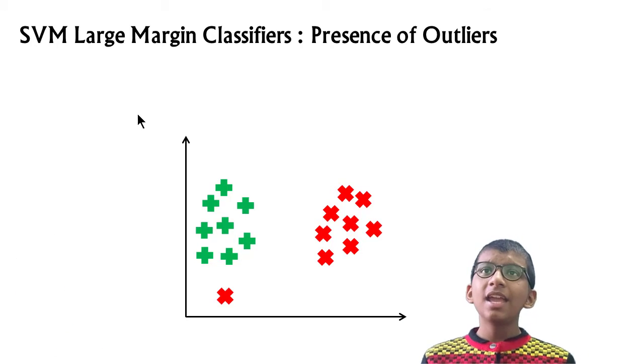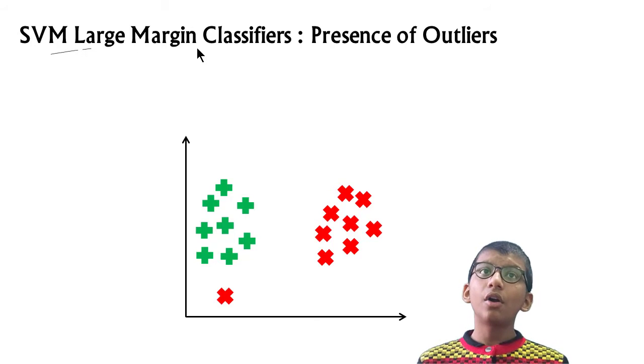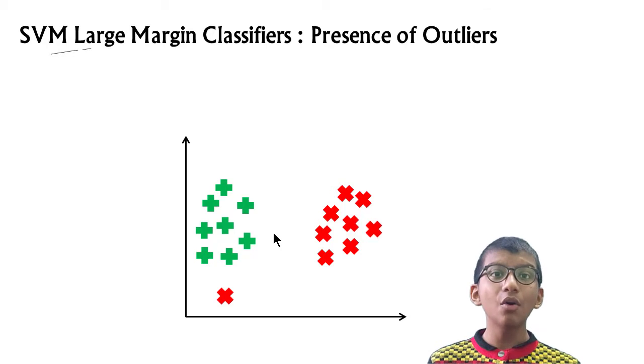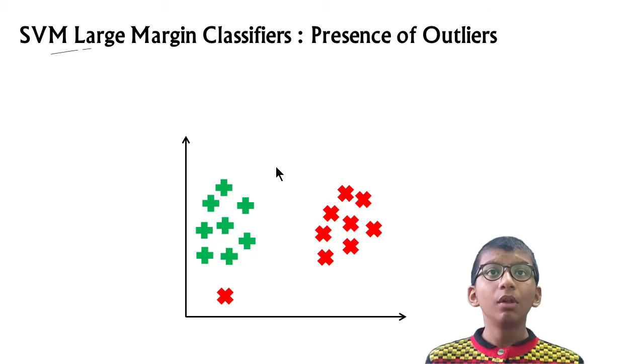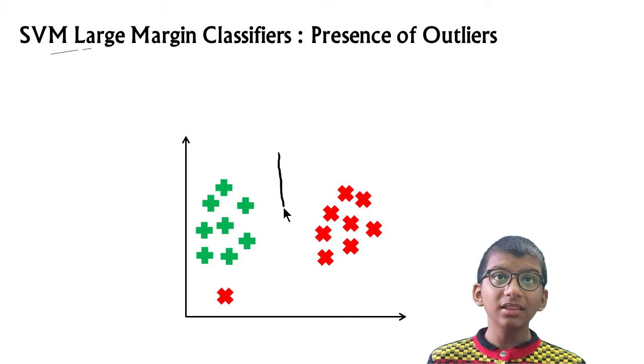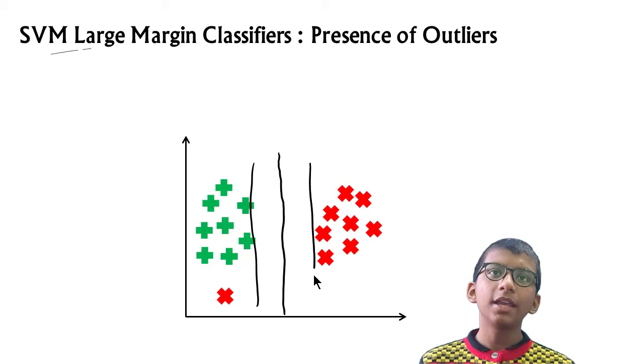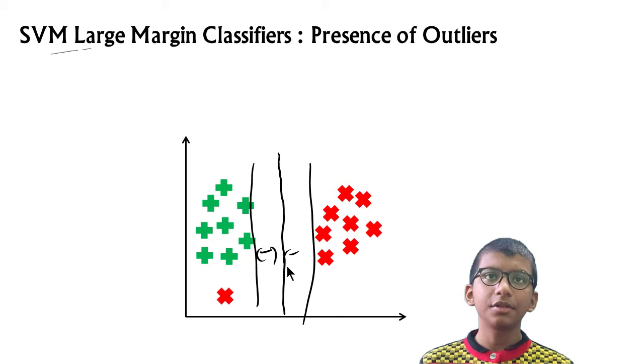So let's say we have a decision boundary in the presence of outliers. How will the support vector machine perform? It will only plot a straight line here, because there are a lot of margins.